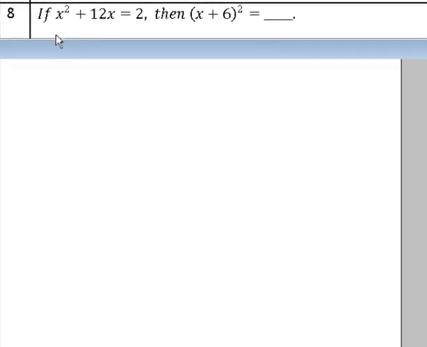Number 8 says, if x squared plus 12x is equal to 2, then x plus 6 squared is equal to blank. Okay, so this problem requires completing the square. If we complete the square on the left-hand side, we will get x plus 6 squared. All right, so let's do that. Let's complete the square.